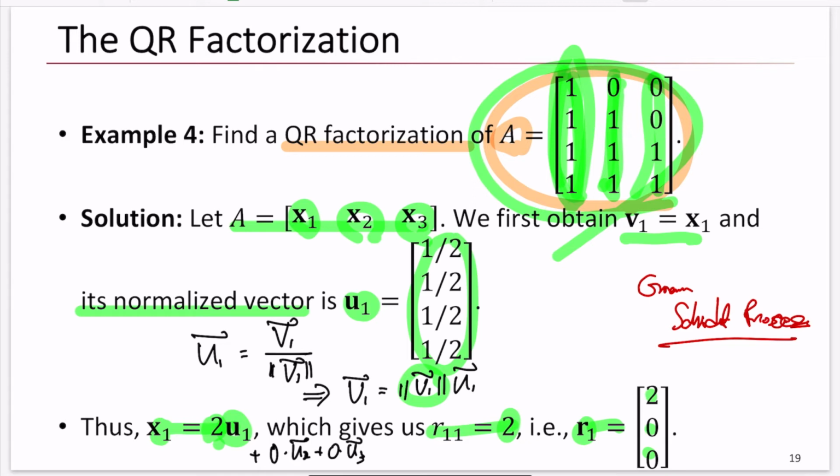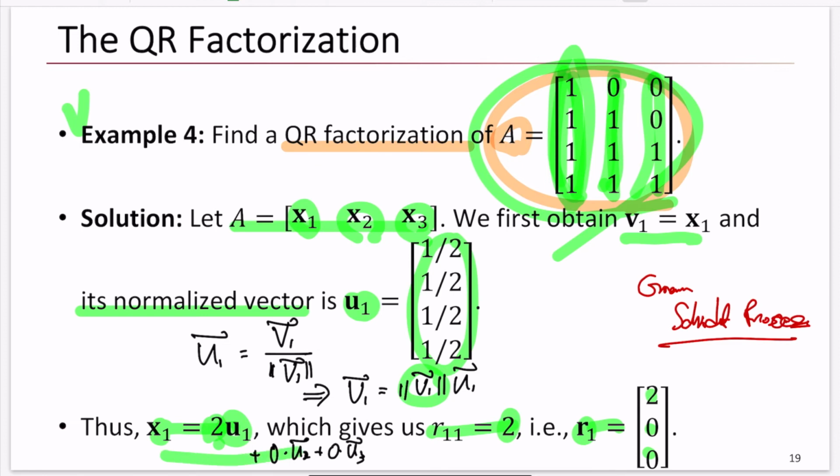This is QR factorization. It's a very useful factorization. In the next chapter we will talk about how to use this kind of factorization. But as you can see, in this example, finding matrix R is a little bit complicated, right?